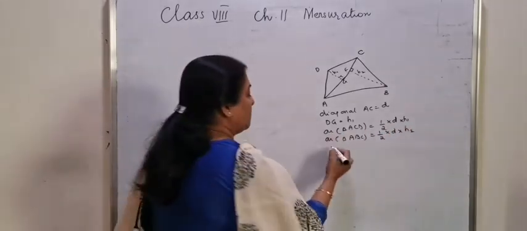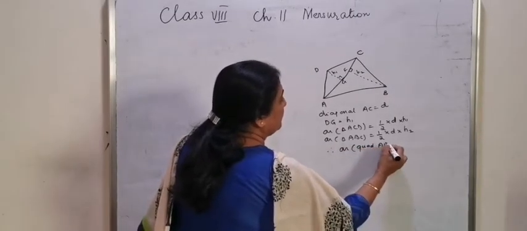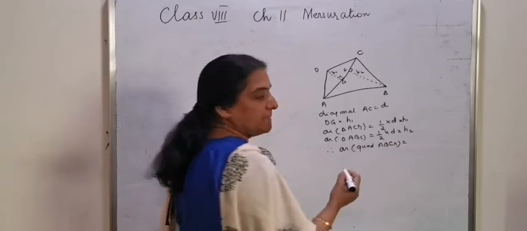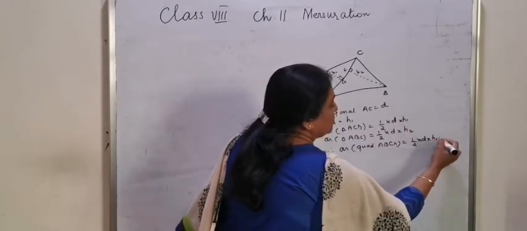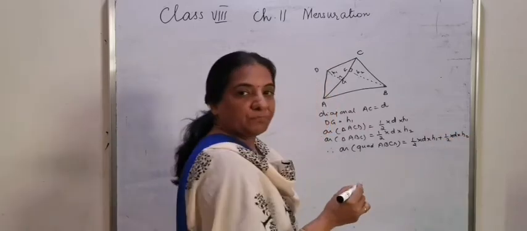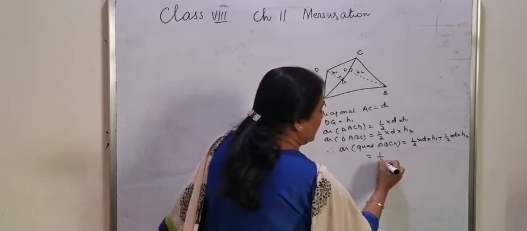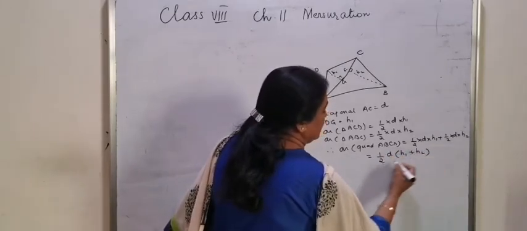Therefore, area of quadrilateral ABCD is the same as half into diagonal into h1 plus half into diagonal into h2, or as the common factor you can take it as half diagonal into (h1 plus h2).